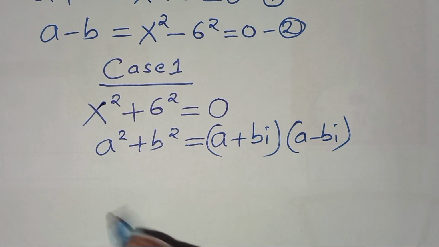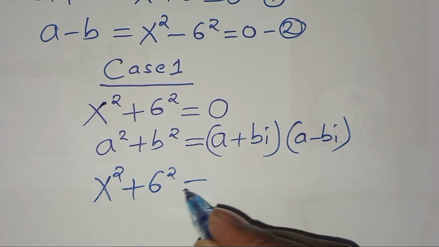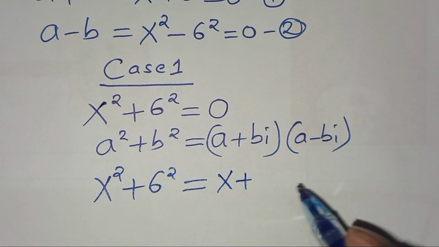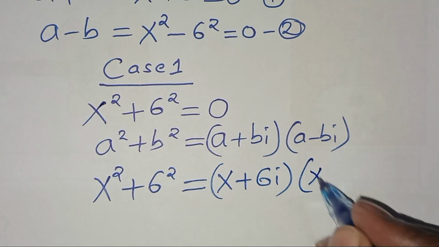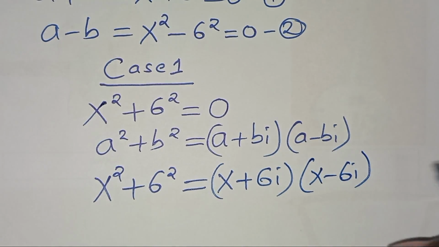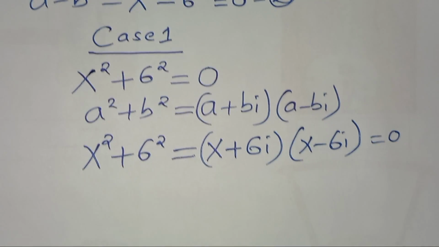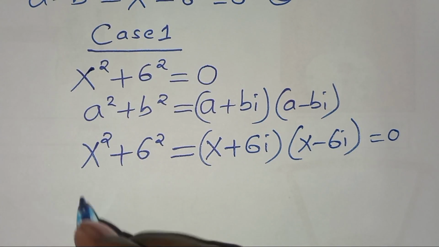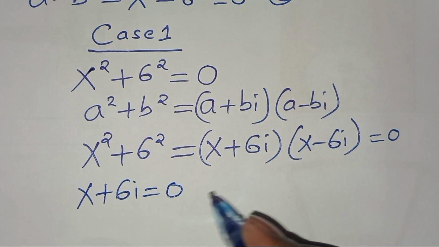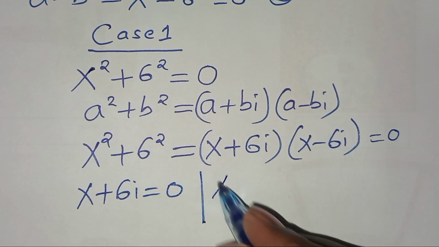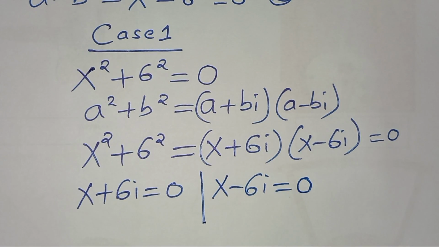Applying this property, x to power 2 plus 6 to power 2 can be expressed as x plus 6i, then x minus 6i, so this is equal to 0. So in this case, we have two parts here. The first part is x plus 6i, this is equal to 0. The second part here is x minus 6i, this is equal to 0.